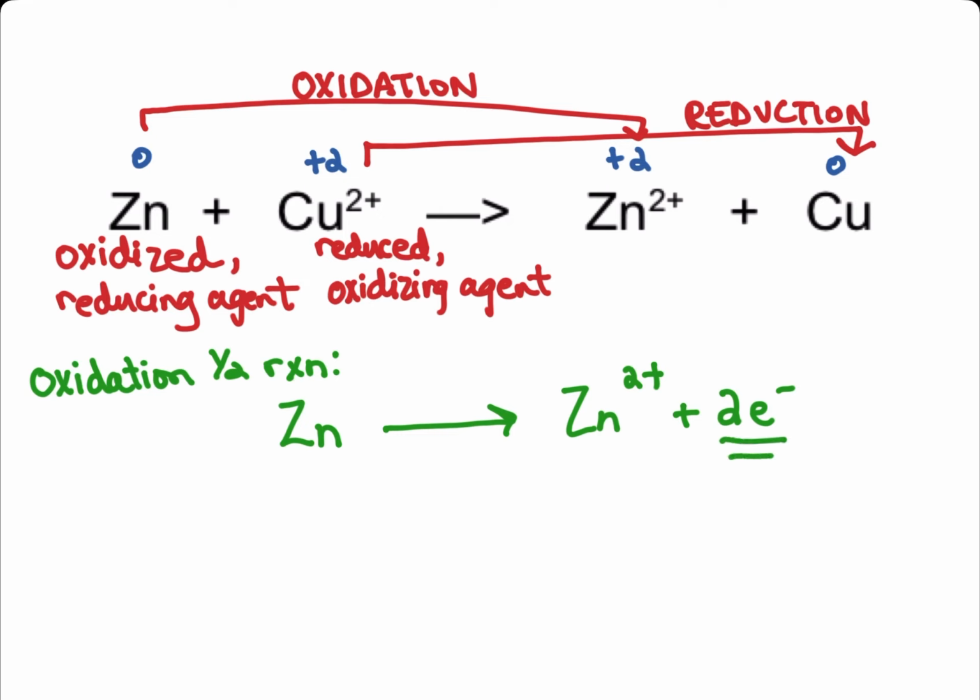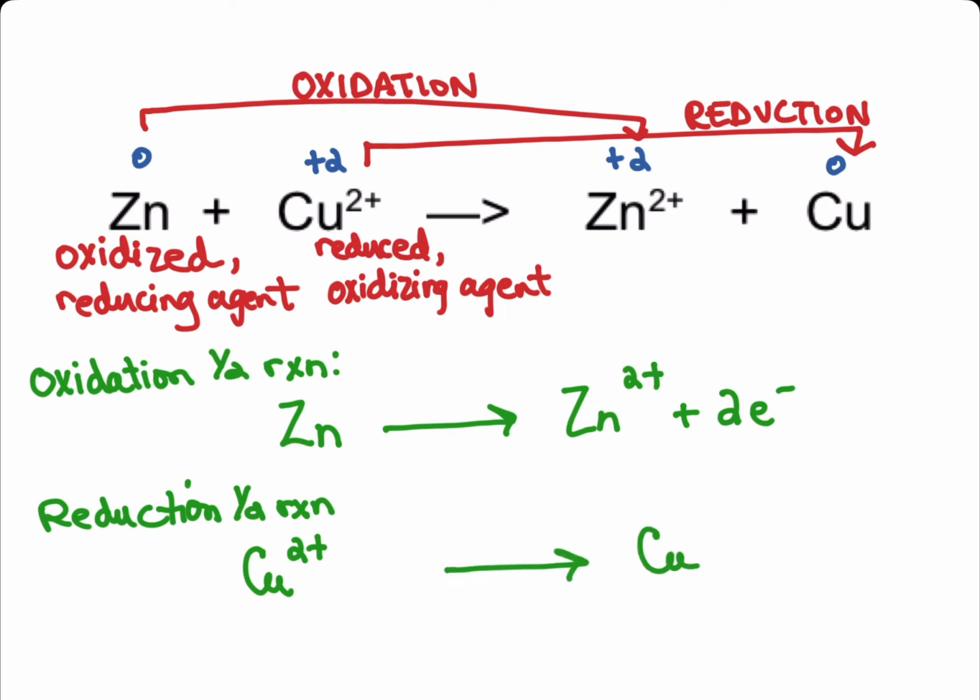Let's talk about the reduction half reaction. Copper 2 plus, something happens to its electrons. It starts off as 2 plus and ends up as Cu with the oxidation state of 0. 1 copper on each side, so that's balanced.